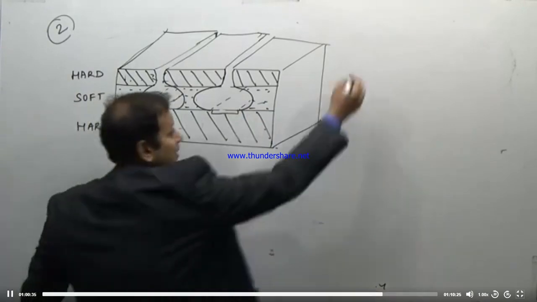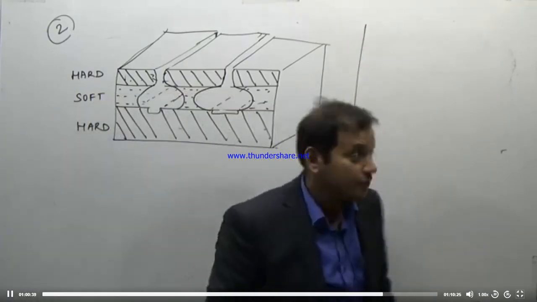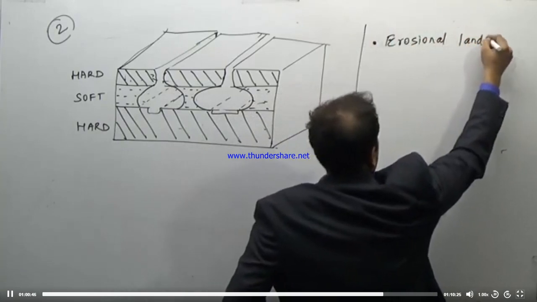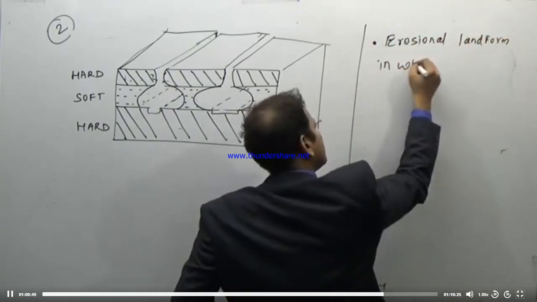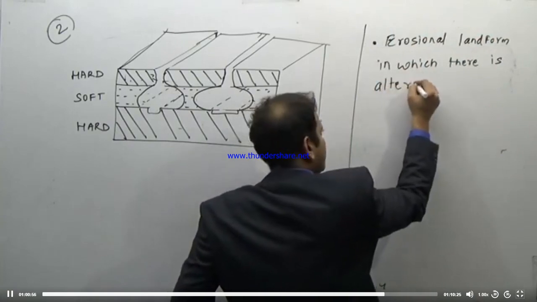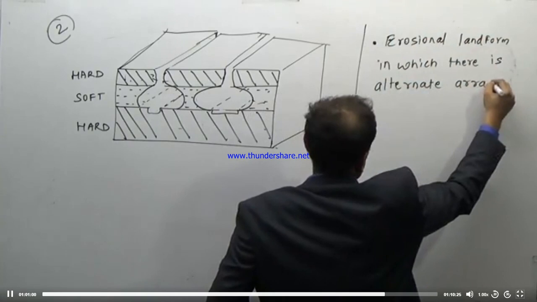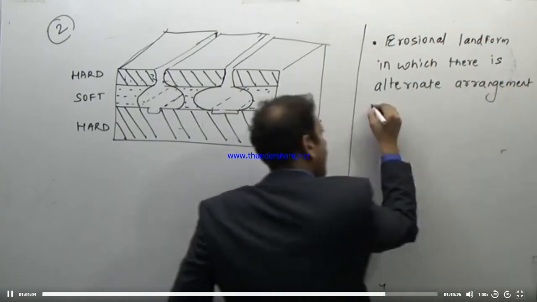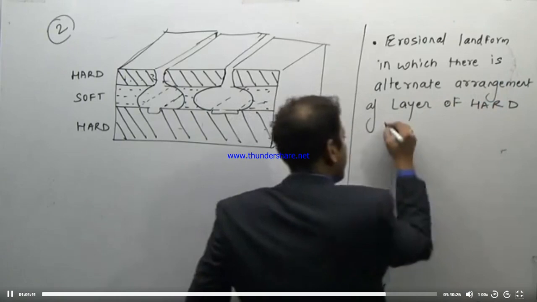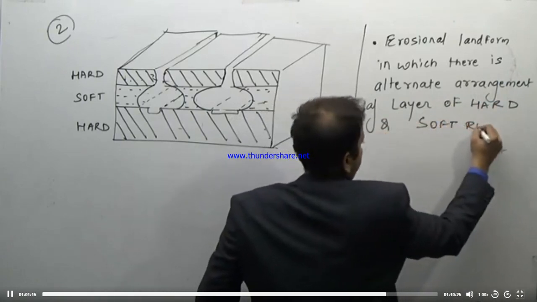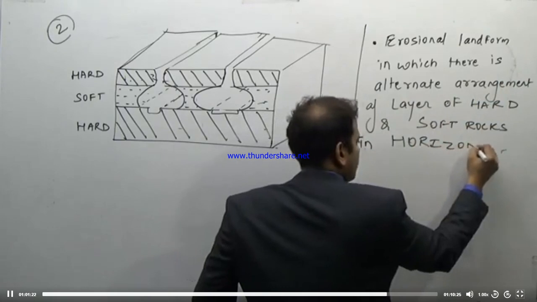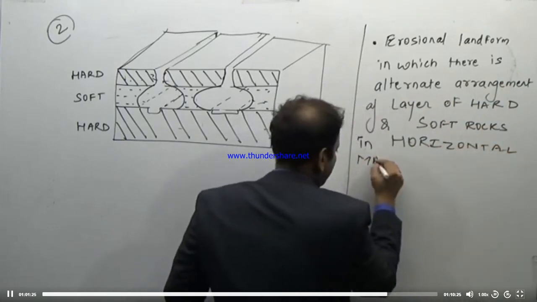You can write: Zeugen is an erosional landform in which there is an alternate arrangement of layers of hard and soft rocks in a horizontal manner.